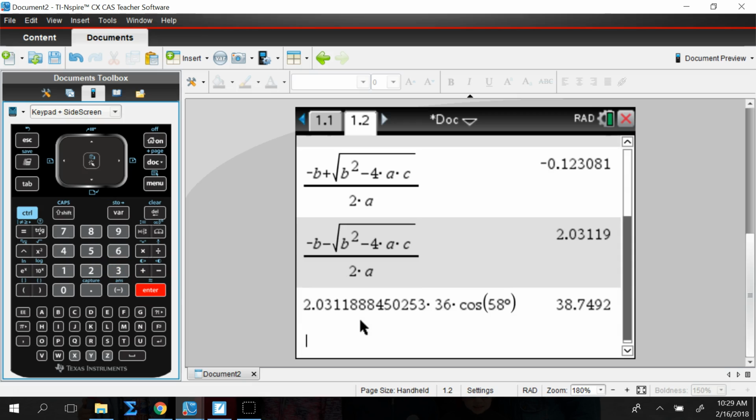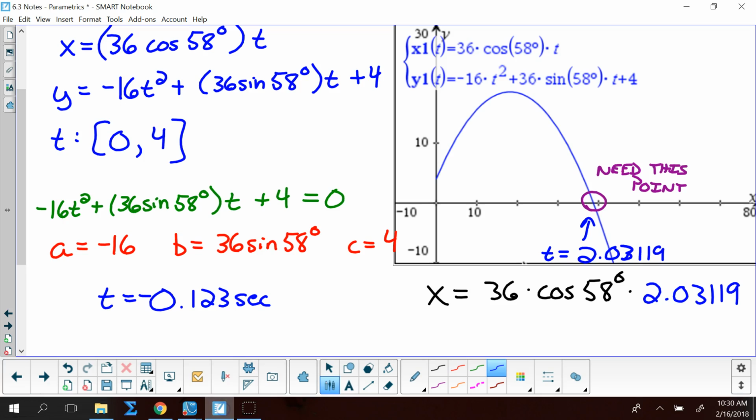So he threw the ball 38.75 feet, which, Kevin, does that work with what our guesstimate was? Something below 40, something in between 30 and 40, yep. Okay, so he threw the ball 38.75 feet.